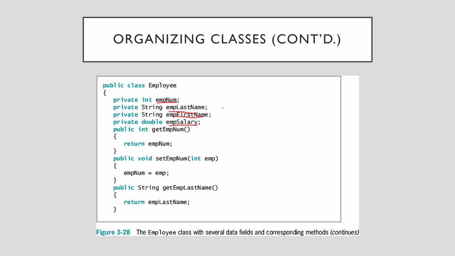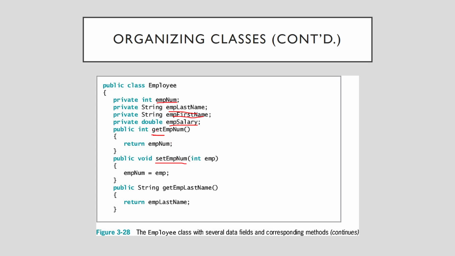Now, by convention, the getters will start with the word get, to specify that this method is an accessor method for the empNum. And this one, setEmpNum, is the setter method or mutator method for the empNum. Okay, take note, get and set.